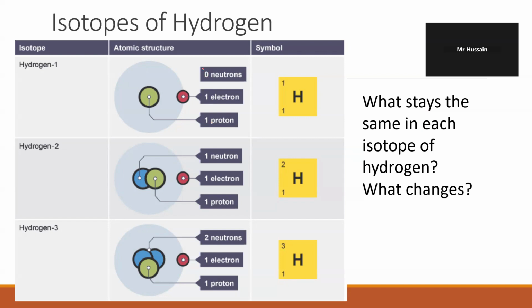So what should be the mass number? Proton plus neutron. Since neutron is 0 and proton is 1, the mass number is also 1.